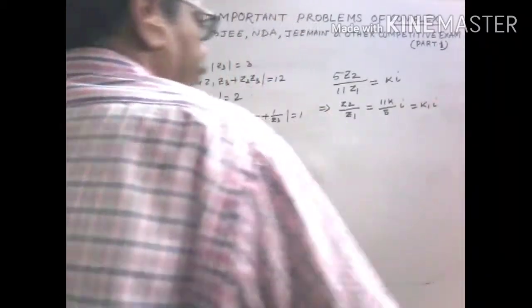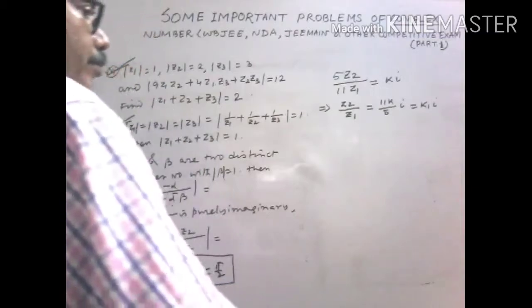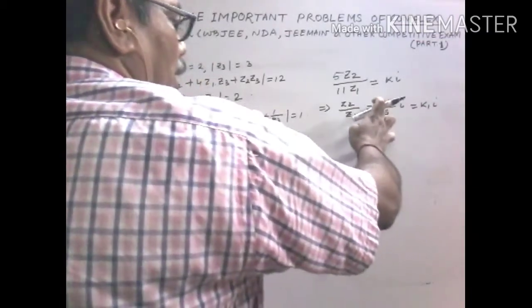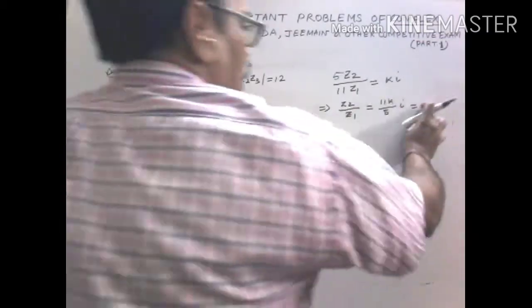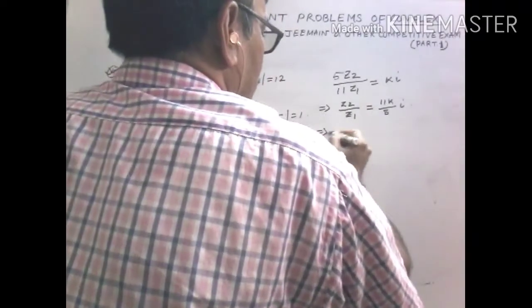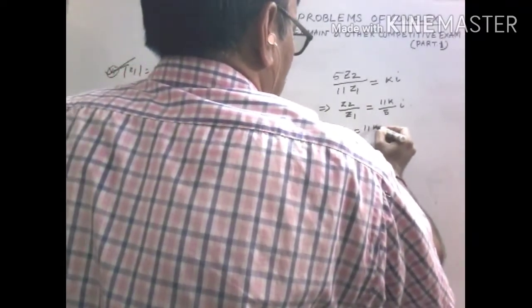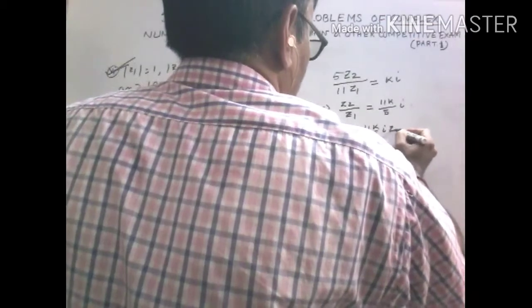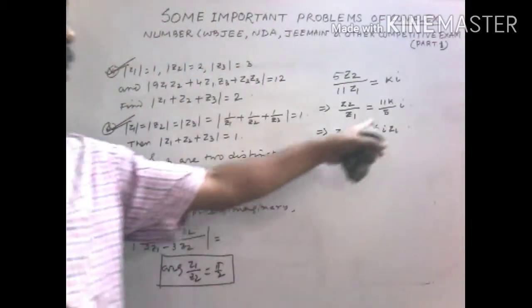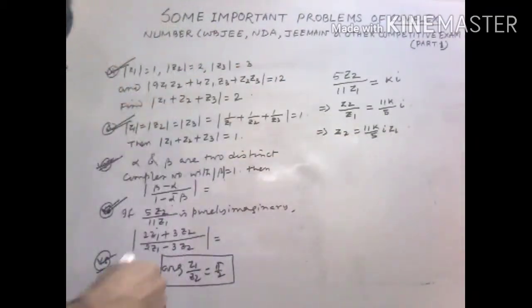So 11K, or you can leave it. So what is Z2? Z2 equals 11K by 5 into i Z1.